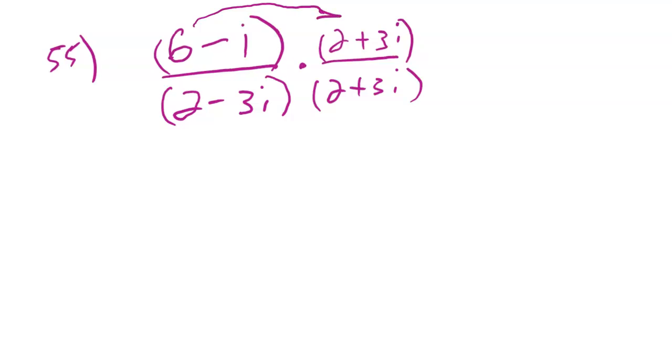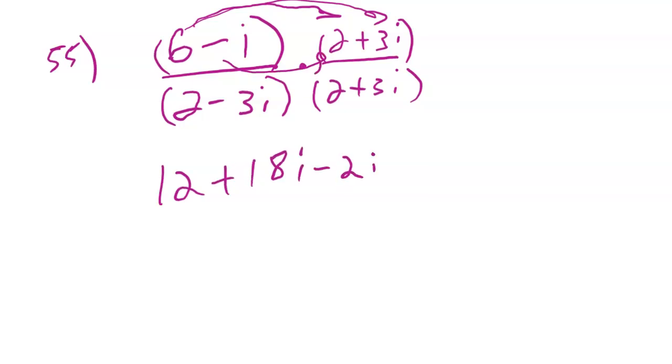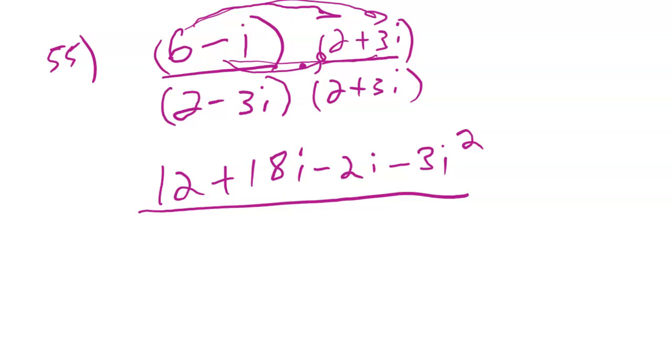Let's see, 6 times 2 is 12. 6 times 3 is 18i. This is negative 2i. And then finally, negative 3i squared. On the bottom, when I do the math, again, because of difference of two squares, the middle terms are going to cancel out, and it's the first term minus the second term squared.